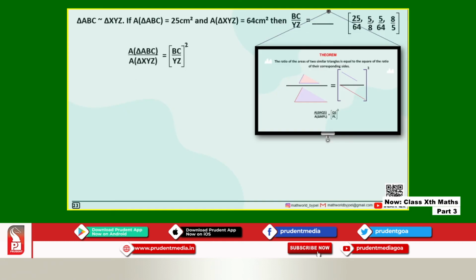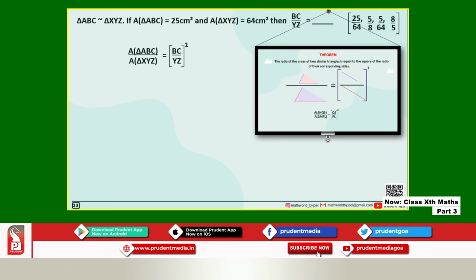This is what we can understand from the proof. So area of triangle ABC upon area of triangle XYZ is equal to the square of the corresponding sides. So I have taken BC upon YZ the whole square.